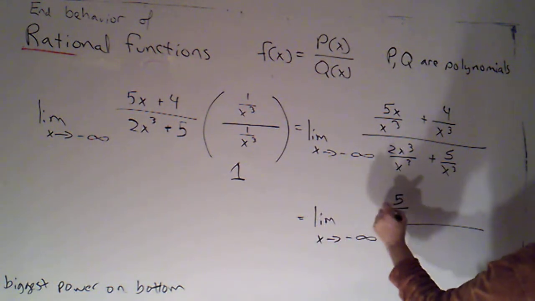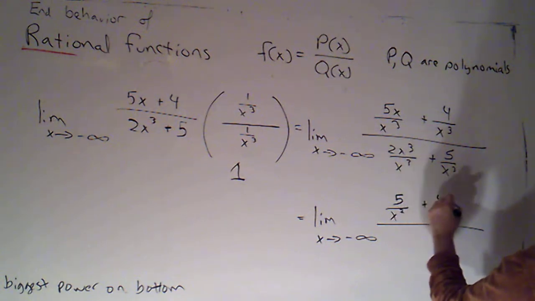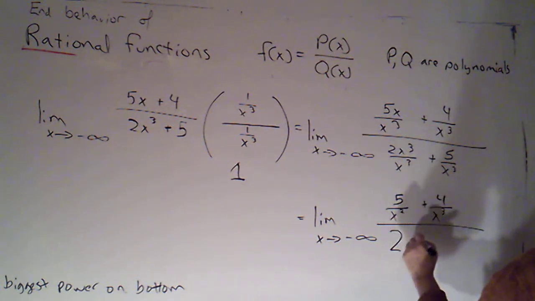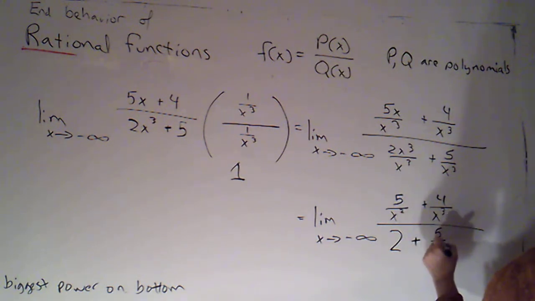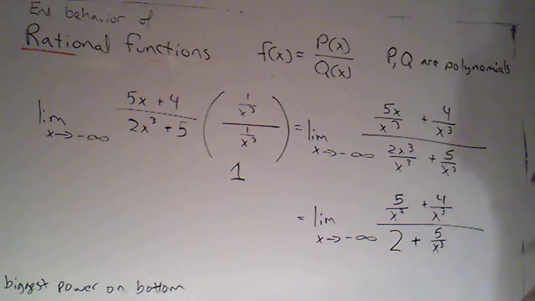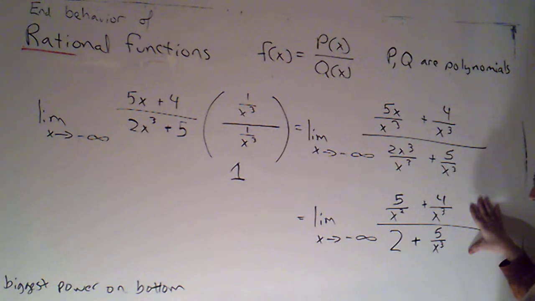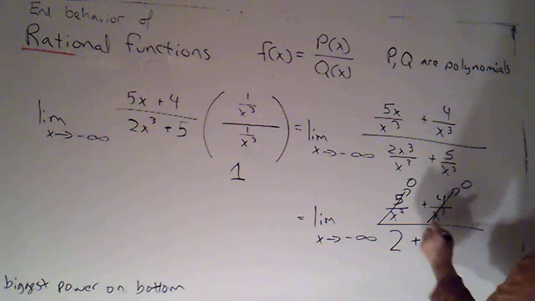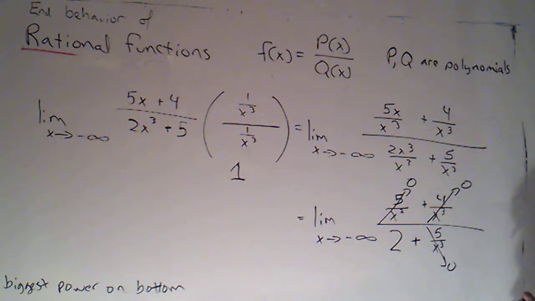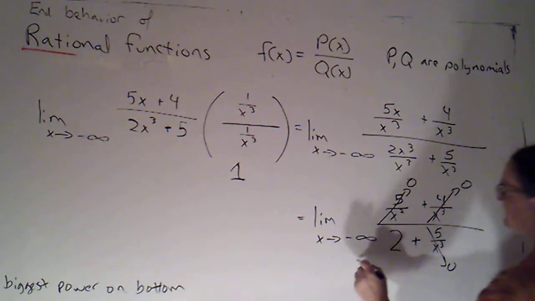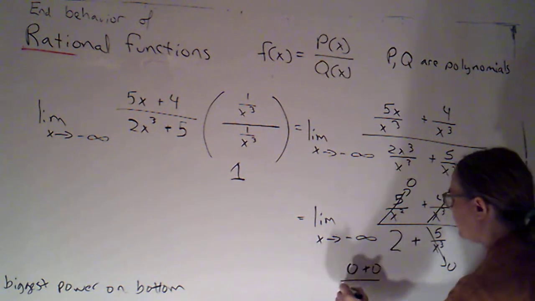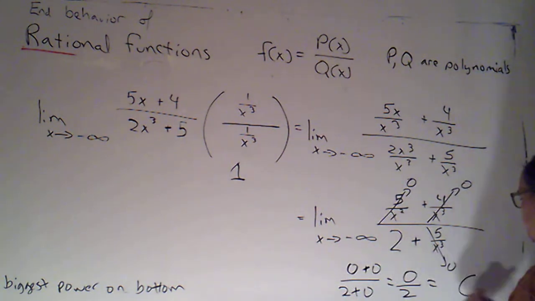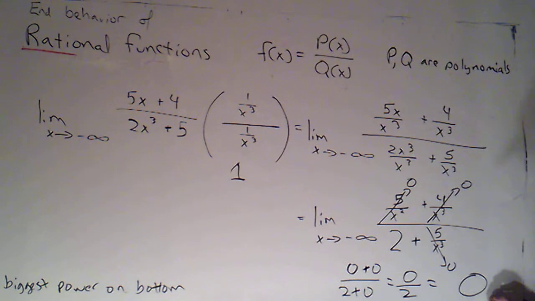This is going to become 5 over x squared plus 4 over x cubed, over 2 plus 5 over x cubed. So now, every piece that still has x's in the denominators is going off to 0. So we're getting 0 plus 0 over 2 plus 0. We're getting 0 over 2, which is 0.